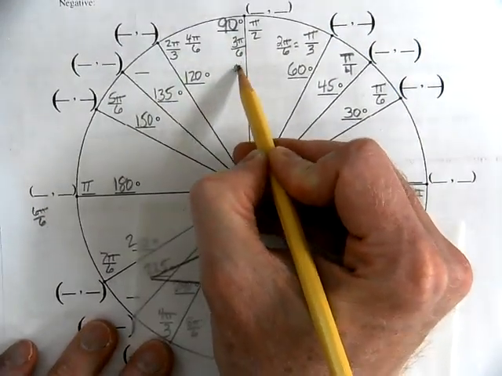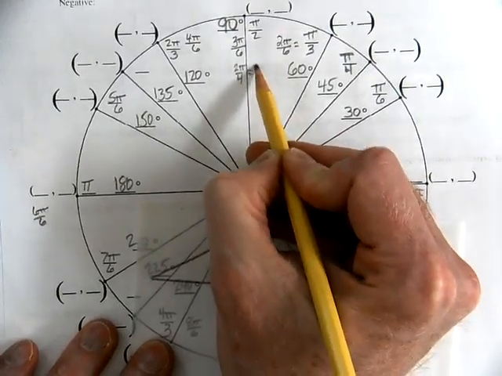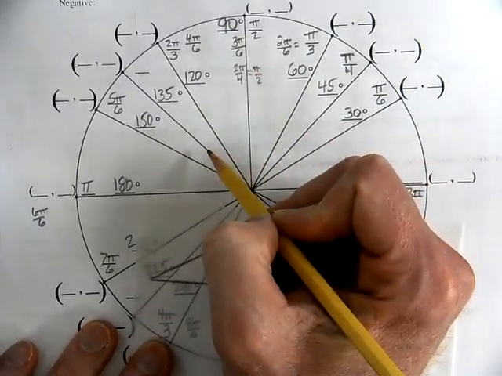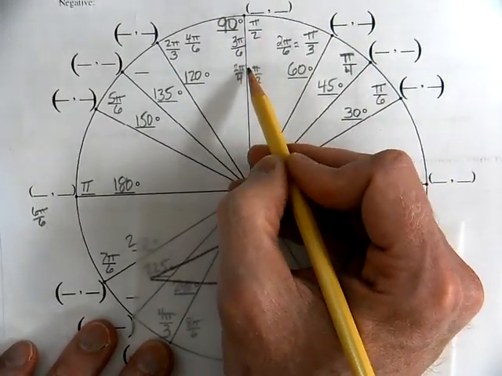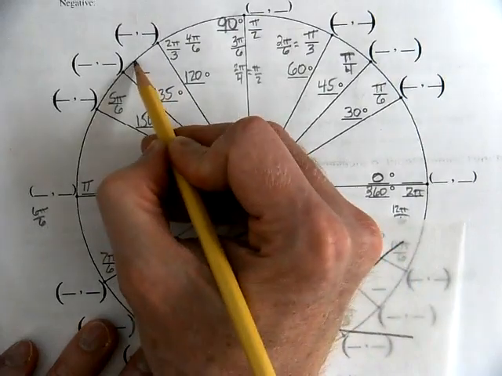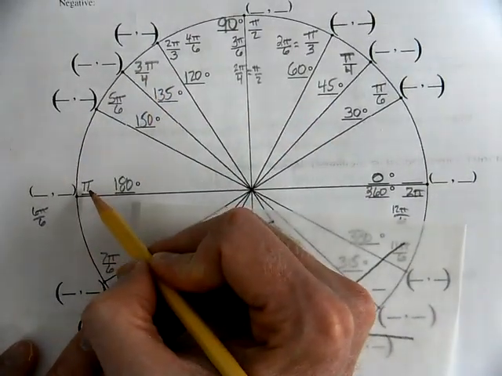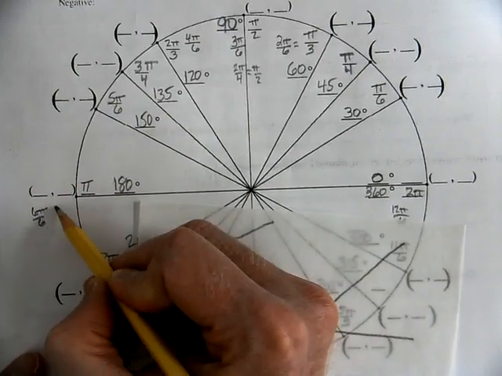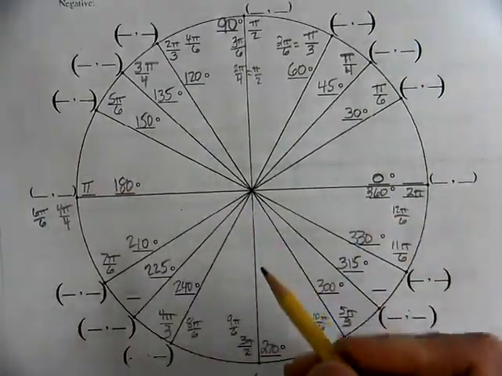Well, 2 pi over 4 can be reduced to exactly what we thought before. So several of these start to overlap, and we already have 2 pi over 4. So this is going to be 3 pi over 4. This would be 4 pi over 4, which is reduced down to 1 pi.